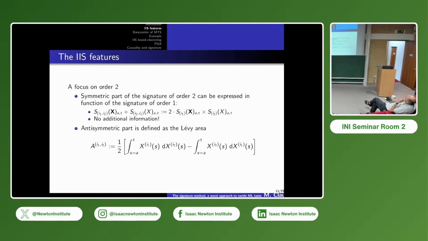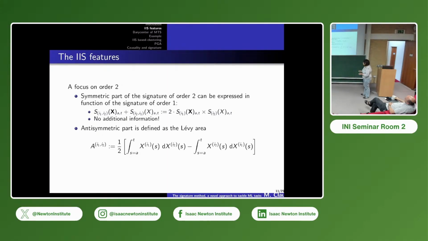In fact, you have an integral of order 1 on a triangle, and an integral of order 1 on the opposite triangle. So you have a Fubini-like formula here.